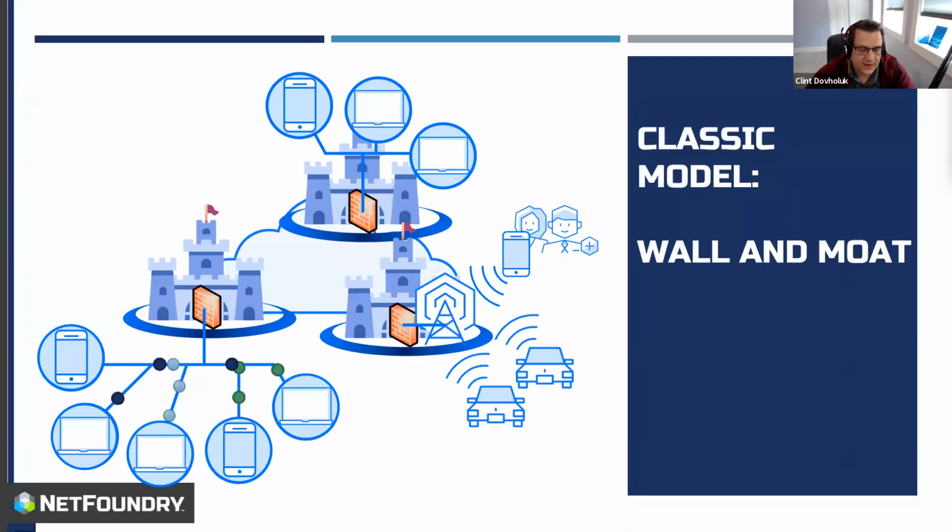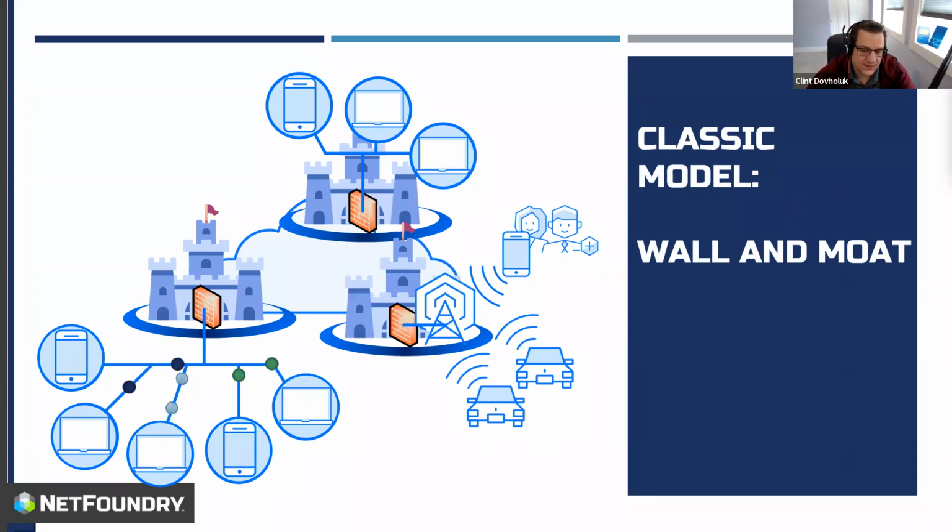All right, so I've replaced all of those buildings with this wall and moat, because this is what you think of, generally speaking, when you think of what most people think of as good enough networking security. So you think of a castle, you think of a moat, you think of these general defenses.